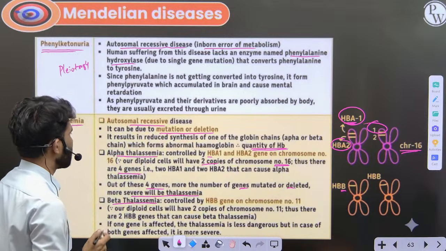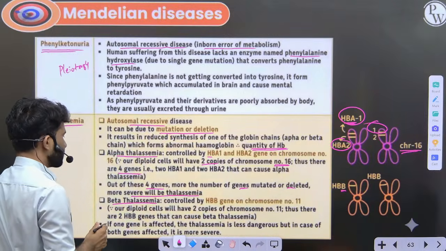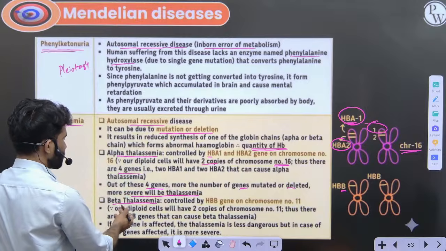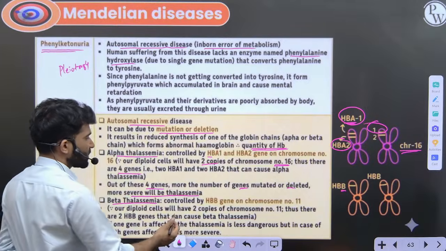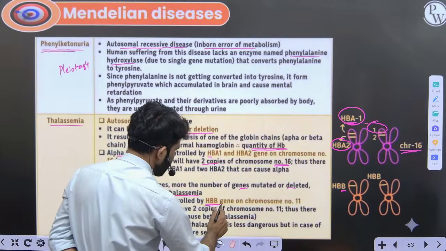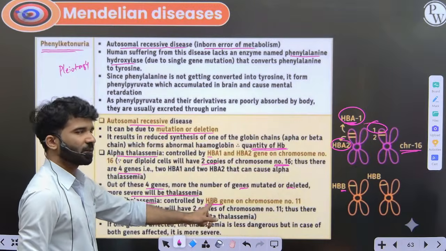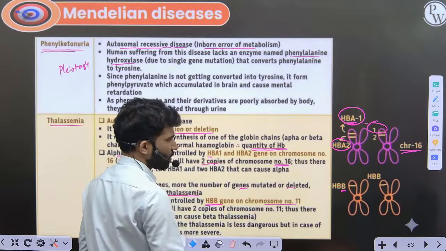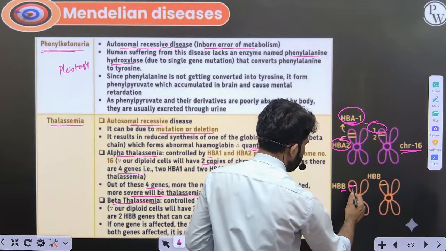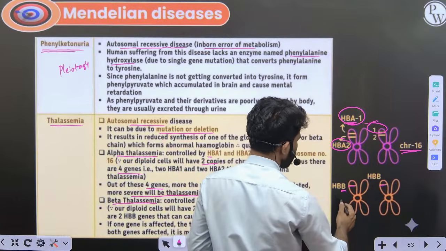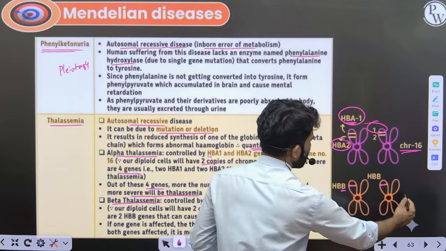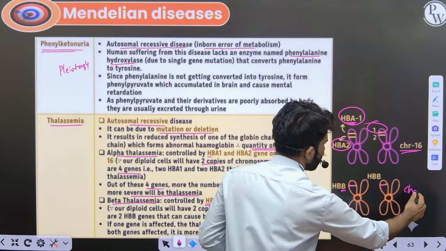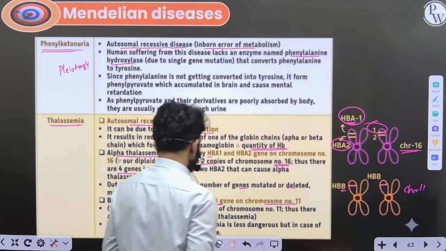That becomes thalassemia. Beta thalassemia is controlled by the HBB gene, the beta globin gene, present on chromosome number 11. Only one gene controls this beta thalassemia, HBB, located on chromosome 11.